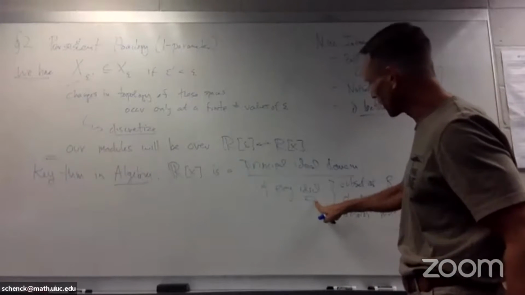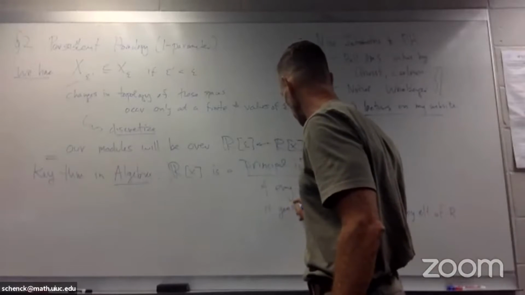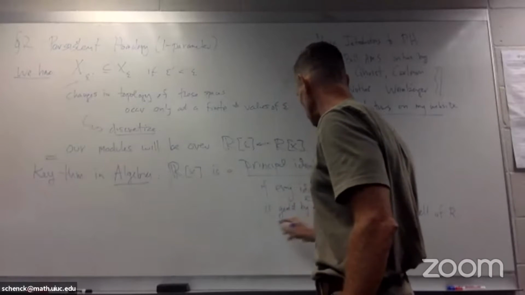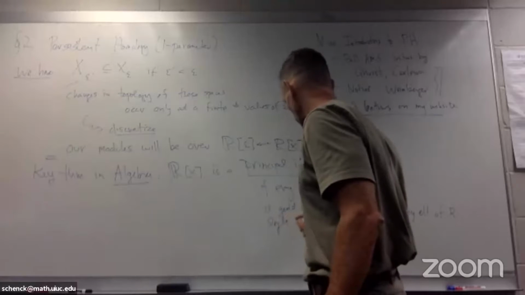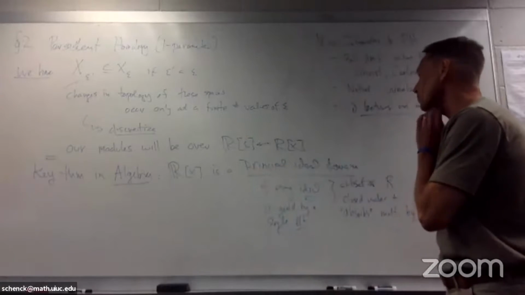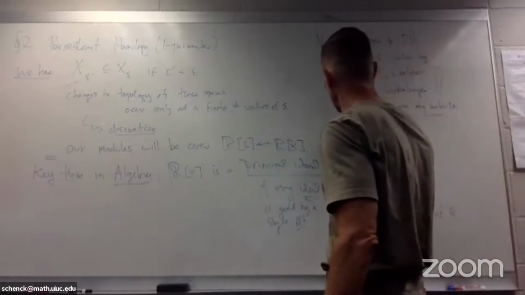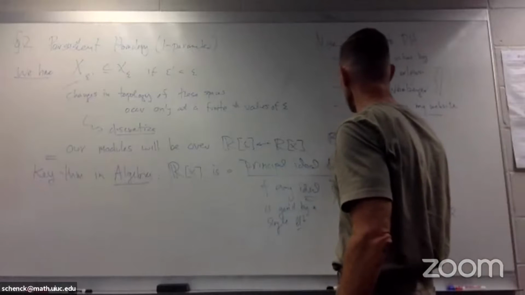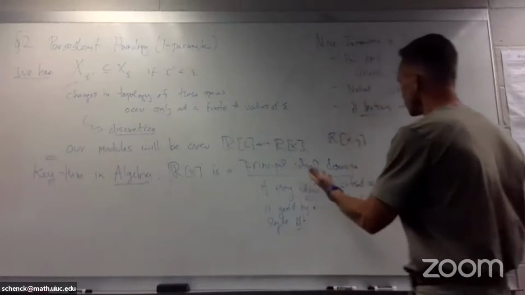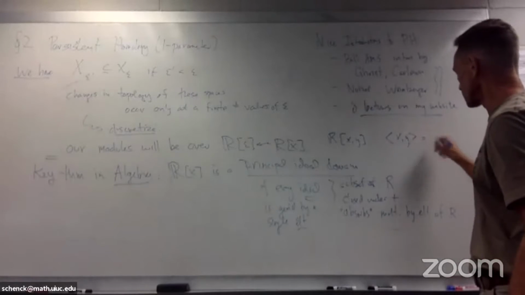And every ideal is generated by a single element. That's what principal means. So this is a principal ideal domain. An obvious example: a polynomial ring in two variables is not a principal ideal domain, because I can take the ideal generated by x and y. What does this consist of?